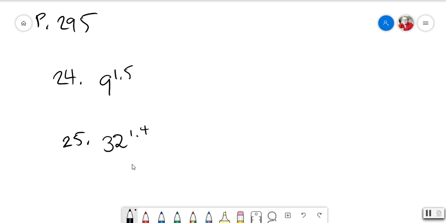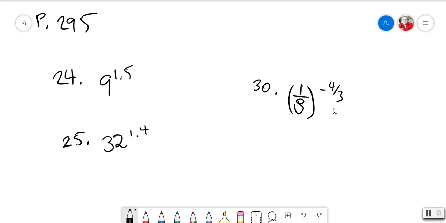And then look at 30, which looks horrible. 1 over 8 to the power of negative 4/3.